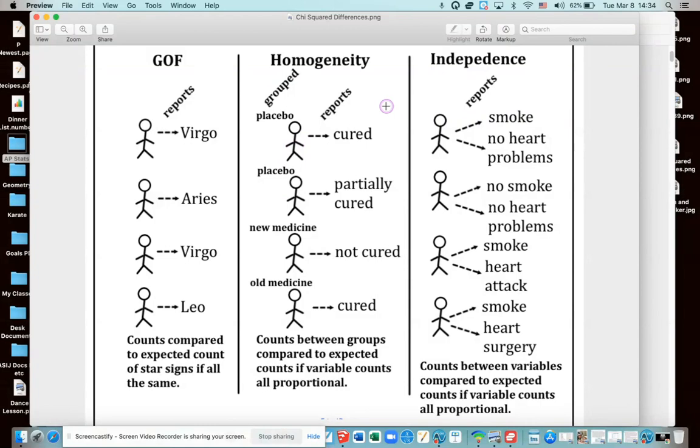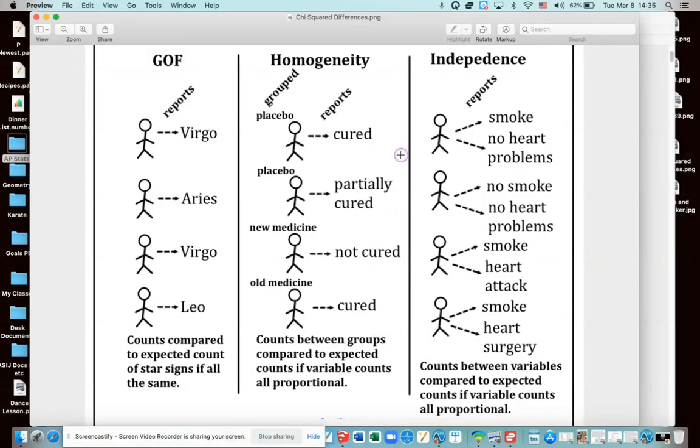And what you're doing is just trying to say, between these groups, is the distribution of cured, partially cured, and not cured equal? Because within this group, you're going to have each category: cured, partially cured, not cured. And in this group, you're going to have the same thing. Same thing here, same thing here. So for each group, you get all those different choices.